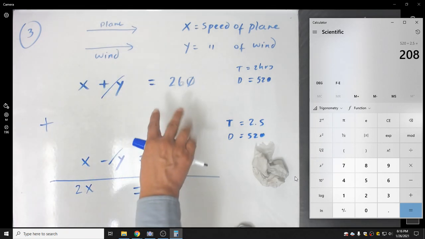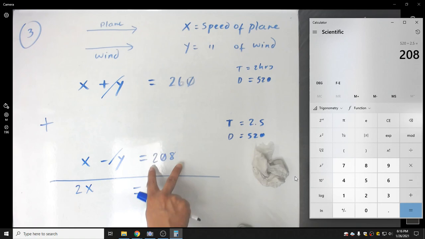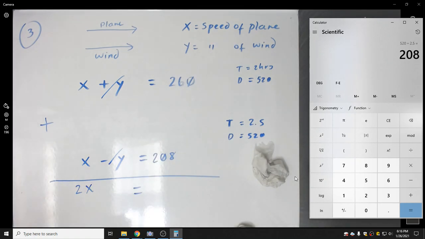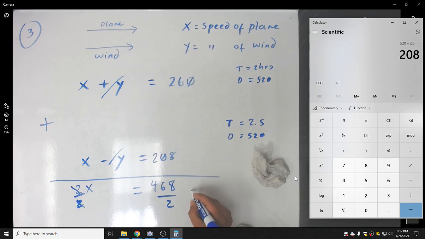That equals 260 plus 208, which is 468. Now we can solve for x. Divide both sides by 2. So we end up with x being 468 over 2. 468 over 2 is the same as 234.